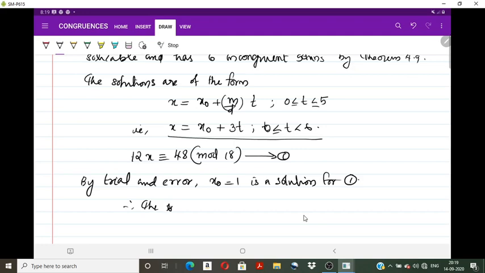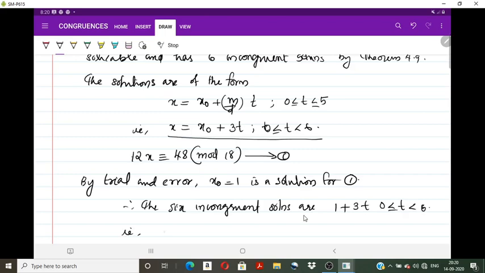the 6 incongruent solutions are 1 plus 3t, where 0 less than or equal to t less than 6.